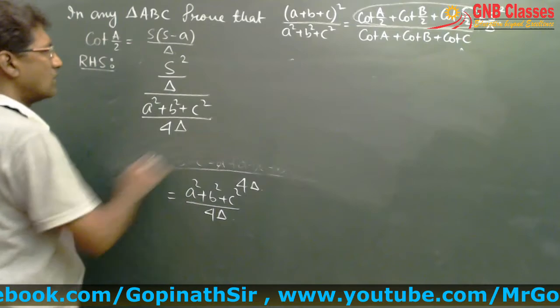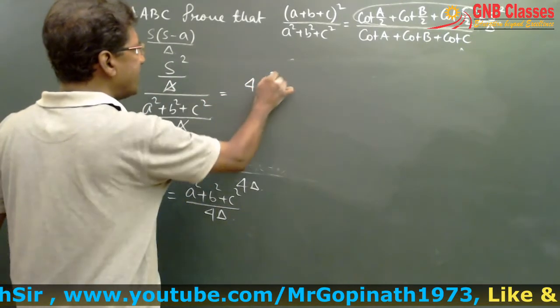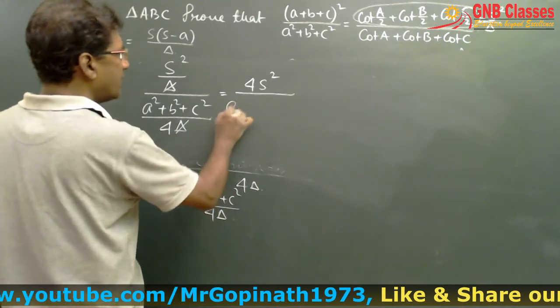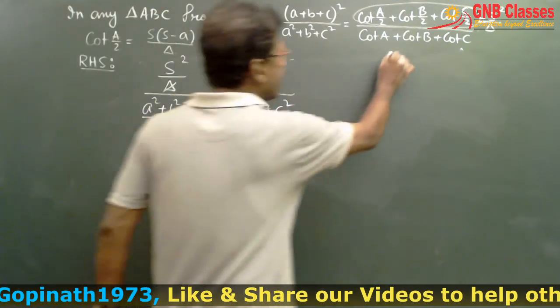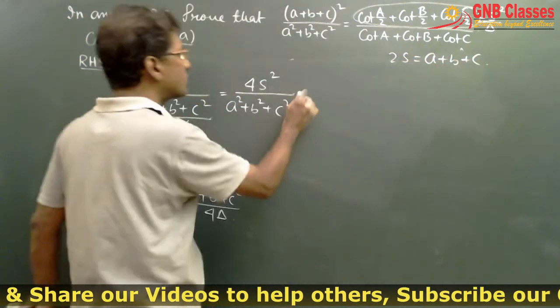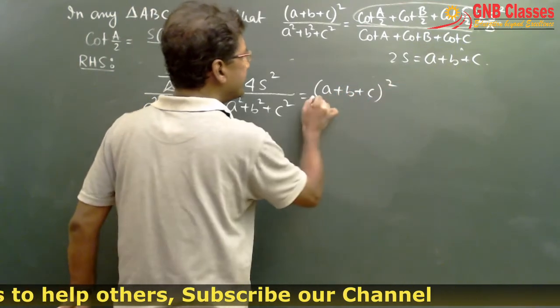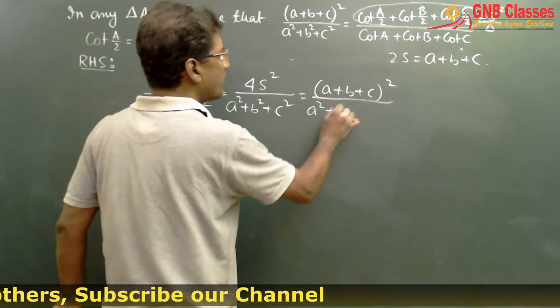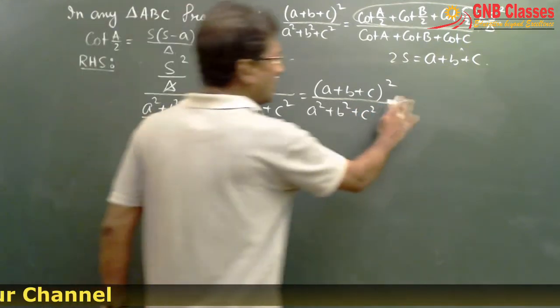Is it clear? So what we are having now, del goes off. So it's 4s square divided by A square plus B square plus C square. Now 2s is nothing but what? A plus B plus C. 4s square can be replaced by A plus B plus C whole square divided by A square plus B square plus C square. That's it. And that is nothing but your left hand side.